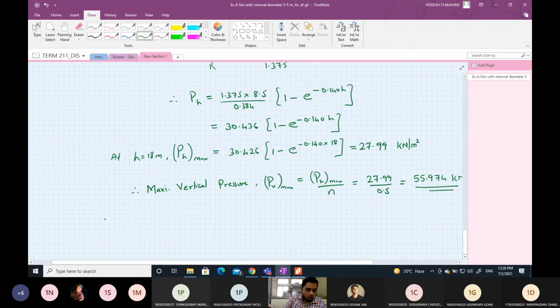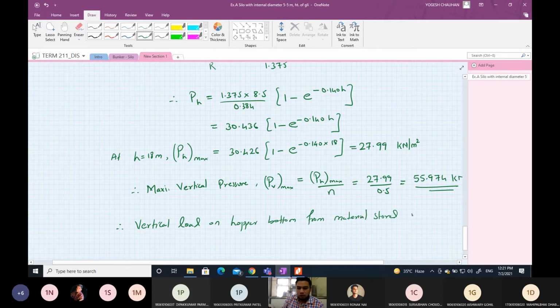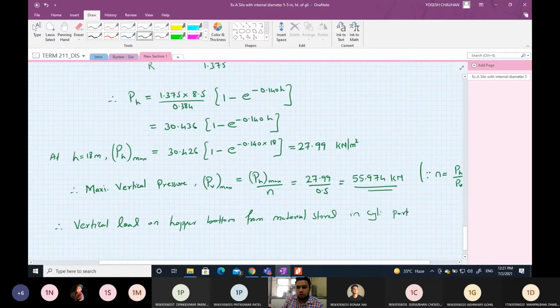So we can find the load on the hopper bottom. Therefore, the vertical load on hopper bottom from material stored in cylindrical portion will be equal to this at 18.